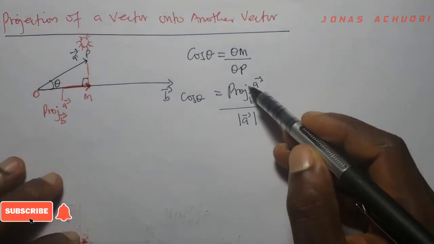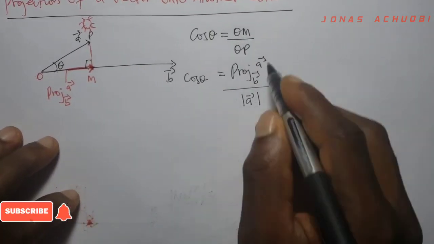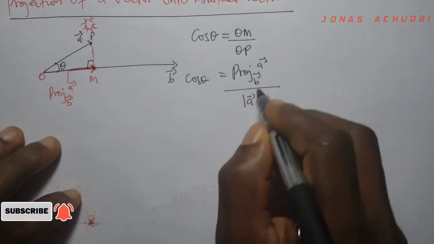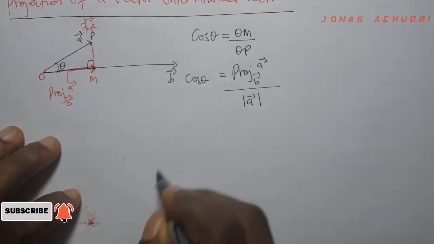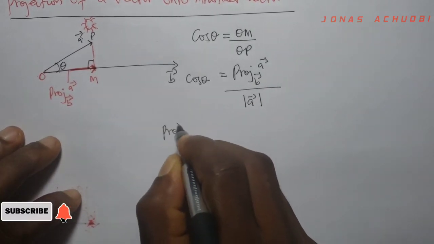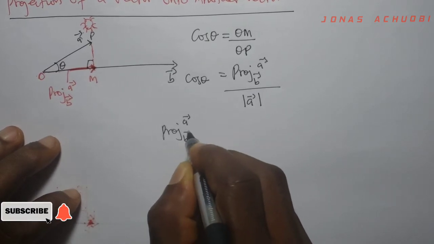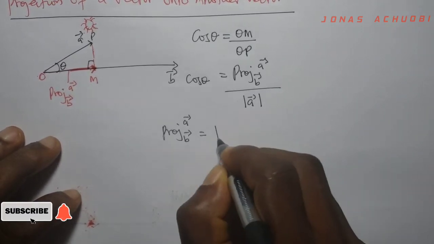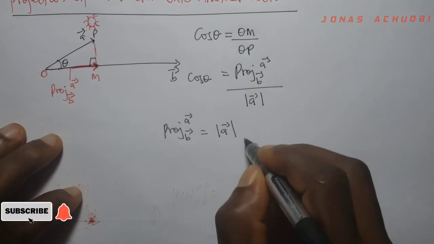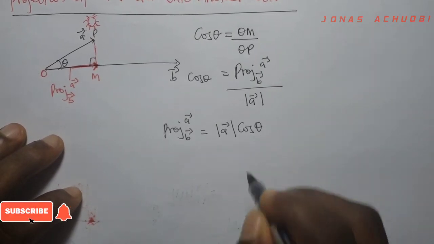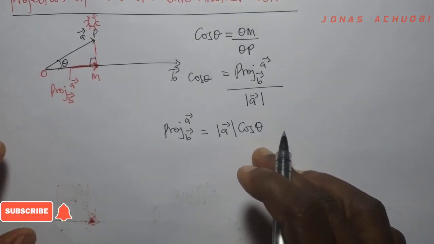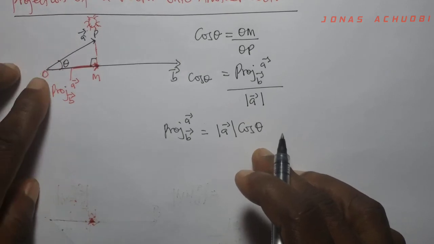What we want is the projection of vector A onto B, so I'll make it the subject of the formula. The projection of vector A onto vector B is equal to the length of vector A times the cosine of the angle between vector A and the projected vector.